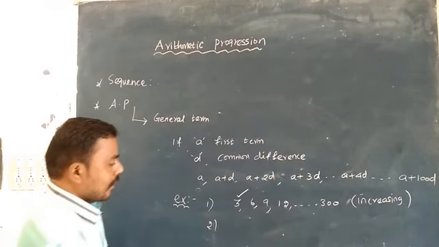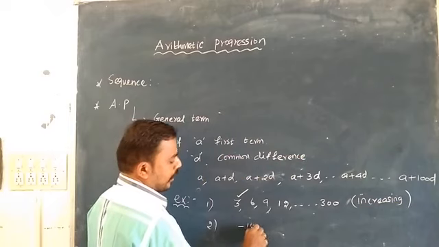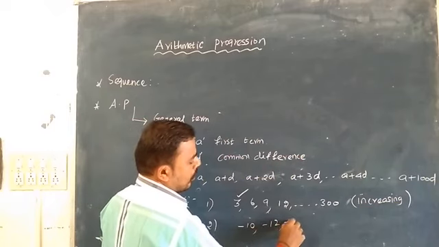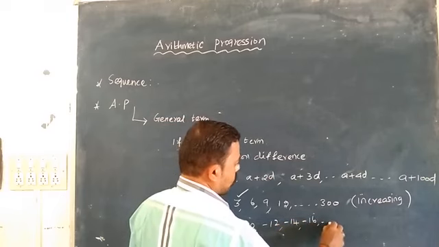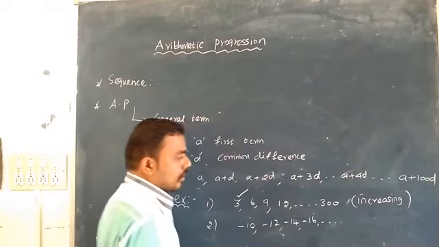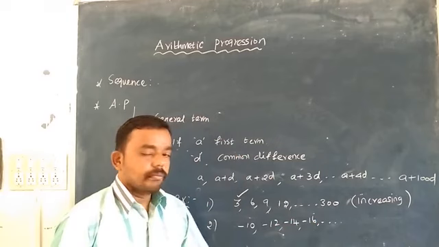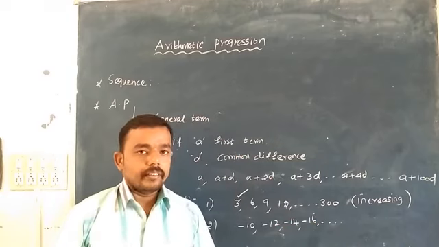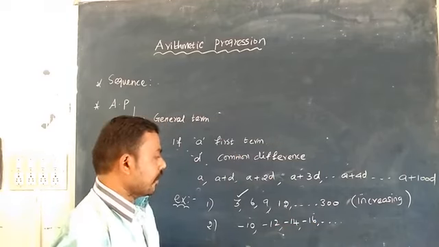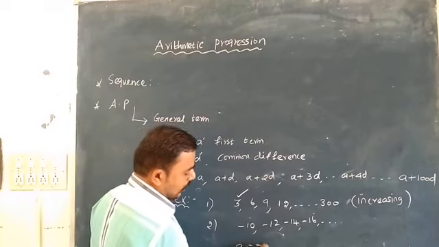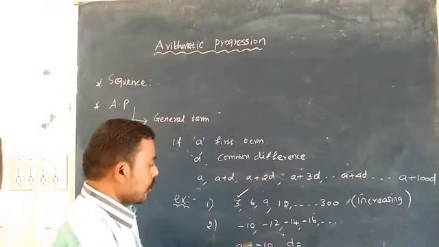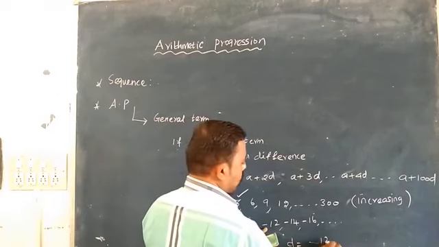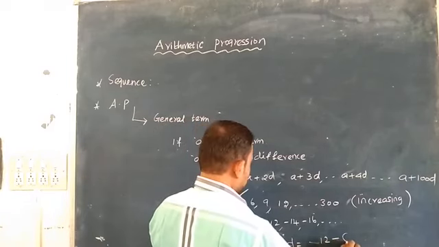In the same way, suppose minus 10, minus 12, minus 14, minus 16 and so on. There is no last term, so it's an infinite AP. Here the first term A equals minus 10 and D equals the difference, minus 12 minus of minus 10.